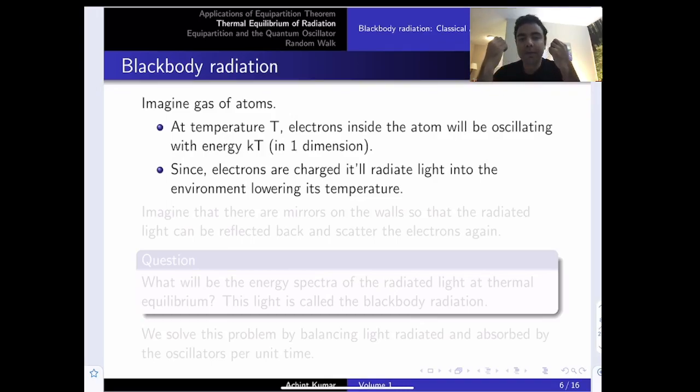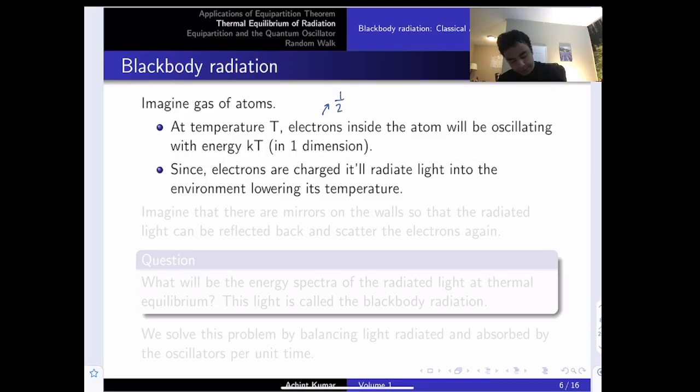Now if these atoms are at temperature T, then the electrons inside the atom will be oscillating with energy kT. The way I got this is by assuming the electrons are in a harmonic potential, which is not true. We know it's a Coulombic 1/r potential, but the harmonic oscillator potential is a good approximation for now.